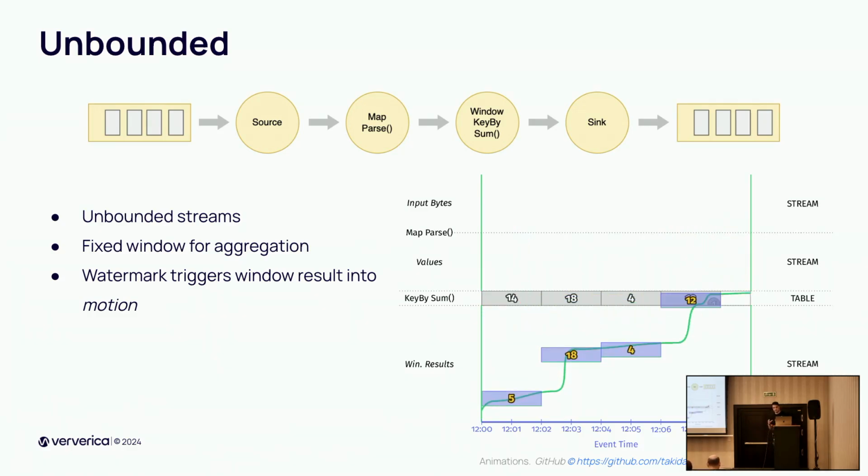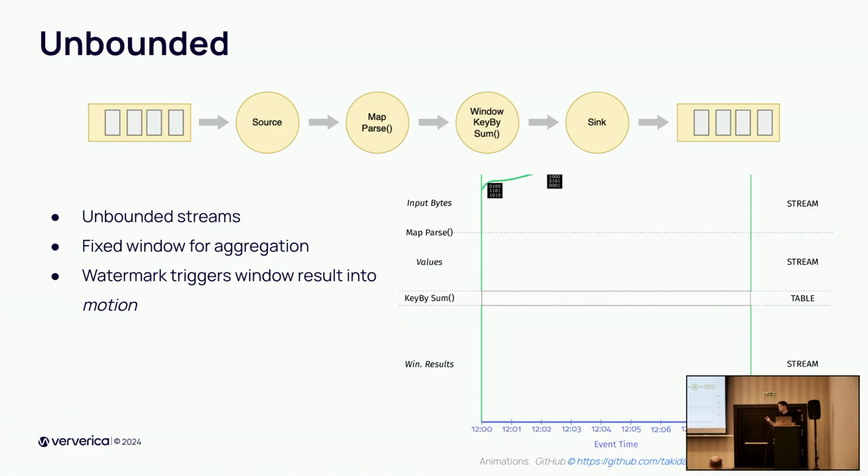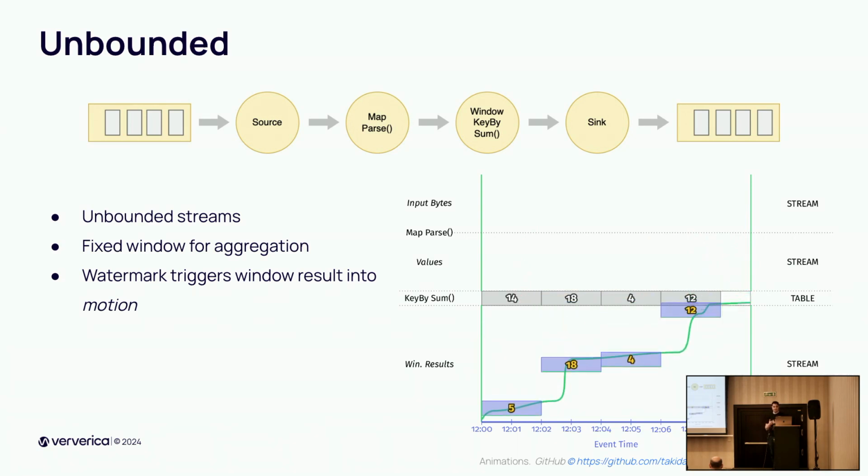And once we create a table from the stream on the key by operator, at some point it will receive a watermark after the 2-minute event size. And then once the watermark is received, it can send its results as a stream to the next operator.